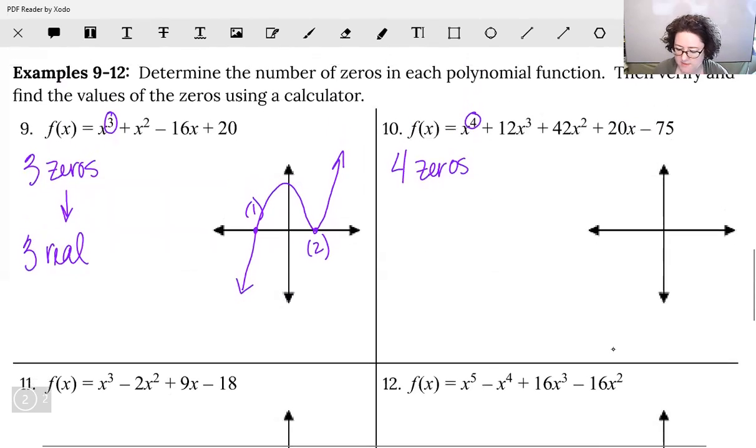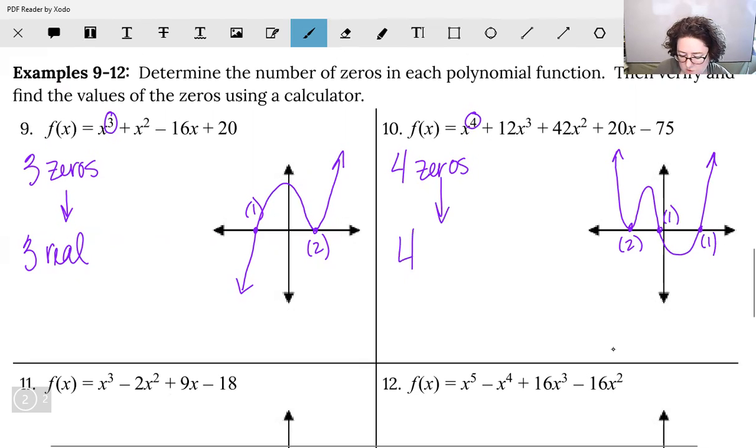Okay, back up to our problem. And so we had a bounce, then it went straight through, and then back up again. So again, we had a double, a single, and another single. So we have 4 real zeros on this one.